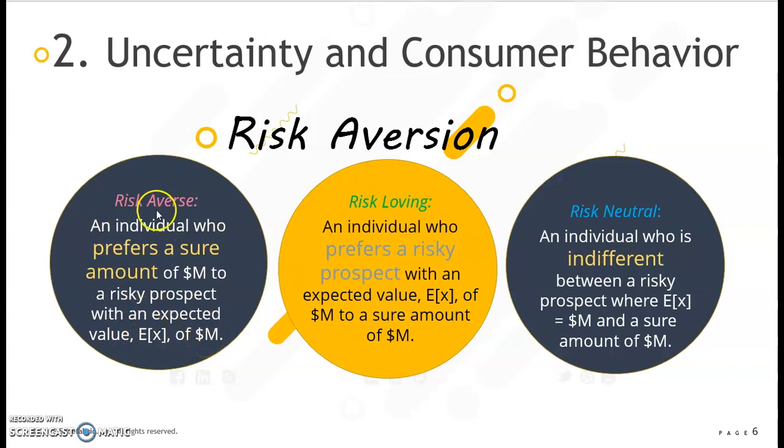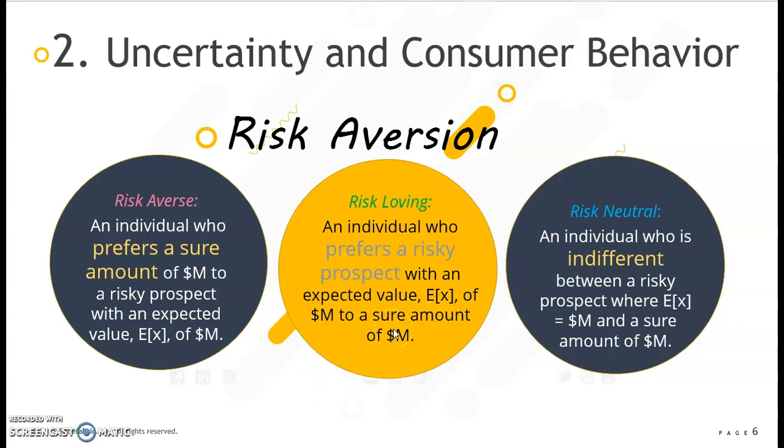So a risk averse individual will always prefer a sure amount of what he expects. The second one is risk-loving: an individual who prefers a risky prospect with an expected value of $M to a sure amount of $M.